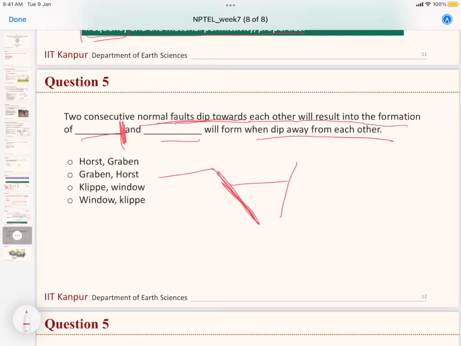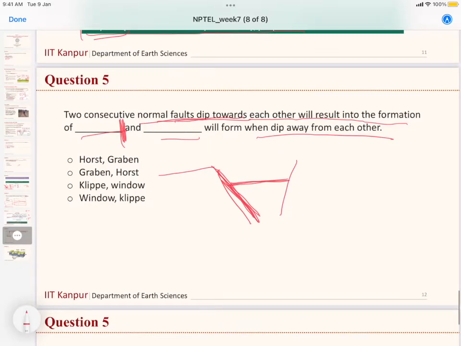Is it correct? I am just considering this fault. Since the hanging wall is going down, I draw it just below, a little bit offset with respect to the footwall. So this is my footwall and this is my hanging wall.